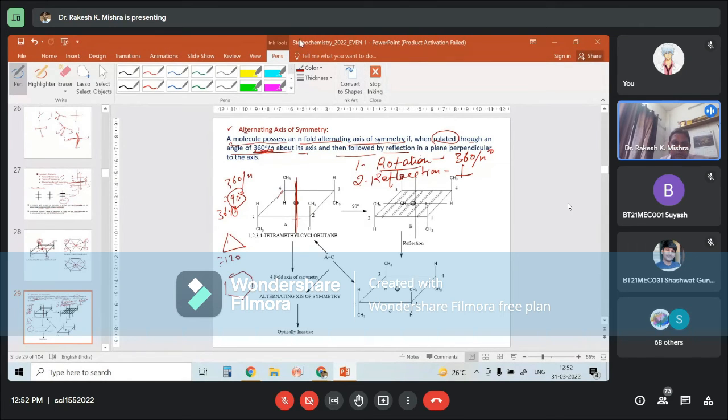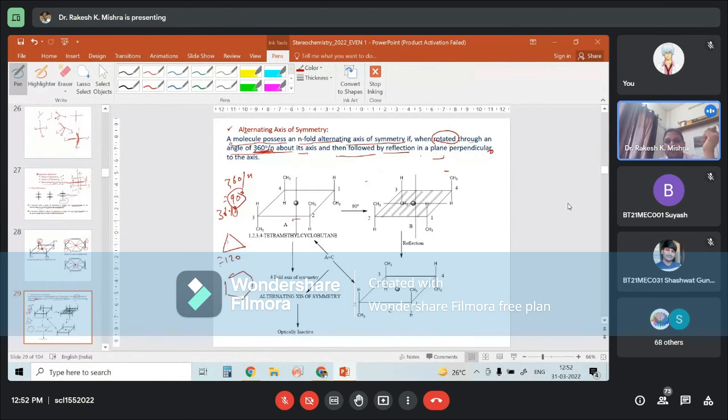So I have made one imaginary molecule. Let's try to understand this through this molecule. This is 1, 2, 3, 4 tetramethyl cyclobutane. Don't relate this to other symmetry elements that I know, but this is not a real example. This is an imaginary example I have made to make you understand.